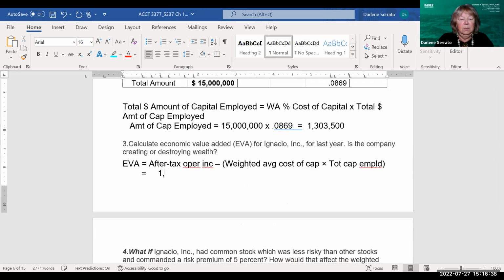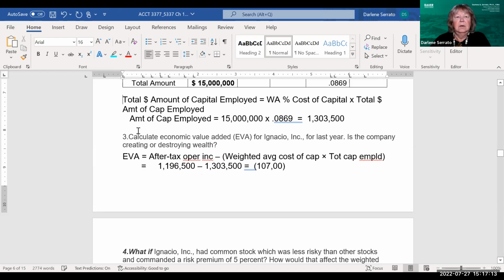So 1,196,500 minus the 1,303,500 equals a negative 107,000. So we destroyed wealth.